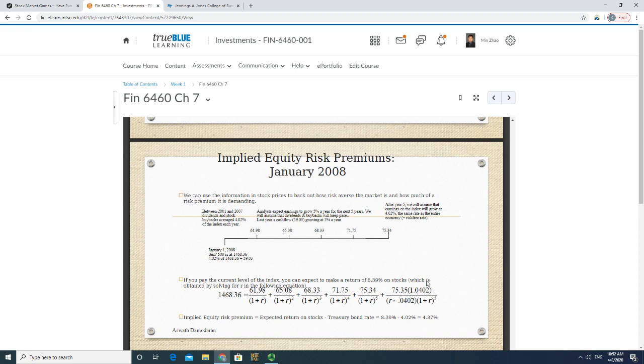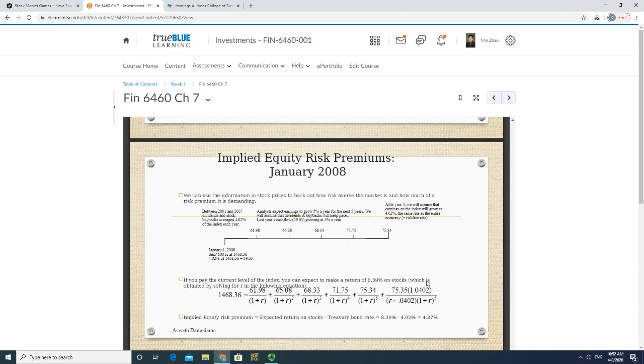In January 2008, the S&P 500 index is 1468.36, and this number is based on the two-stage model, which is a dividend-based model. We use dividend as a proxy for cash flow.